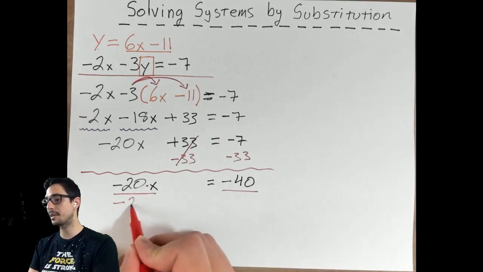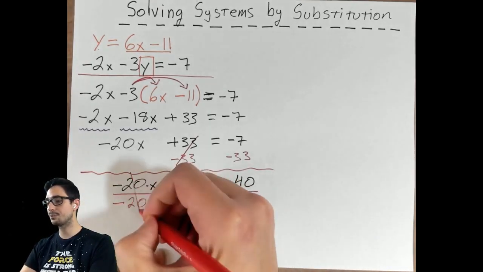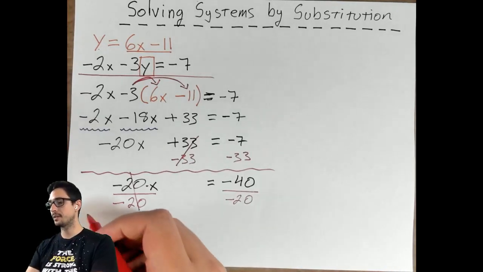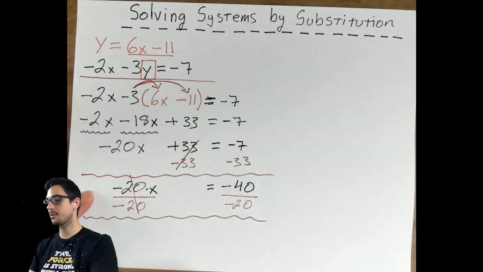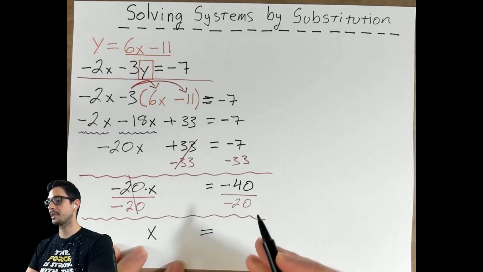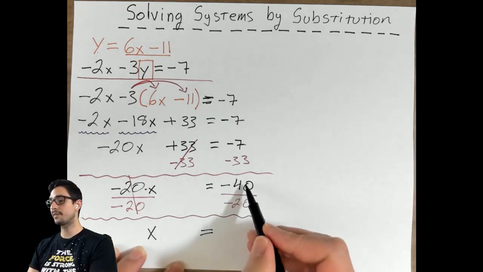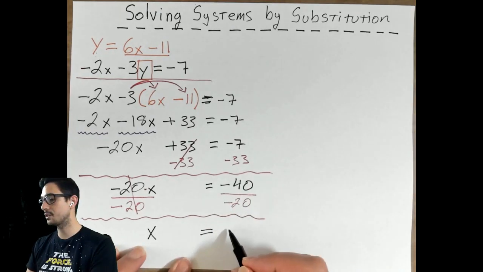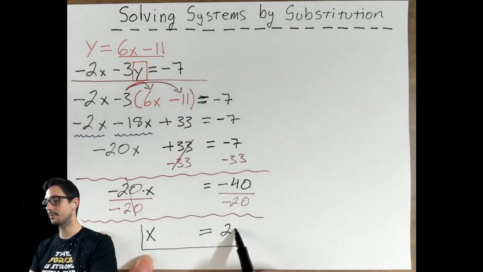I'm going to divide by the number I want to get rid of, which is negative 20. Those guys cancel, right? On my last step here. Okay, so we have x equals, now a negative divided by a negative, that's a positive. 40 divided by 20, that's 2. So x equals 2.